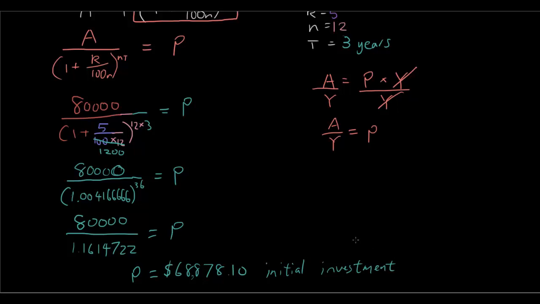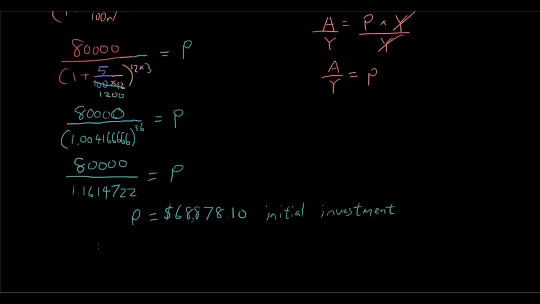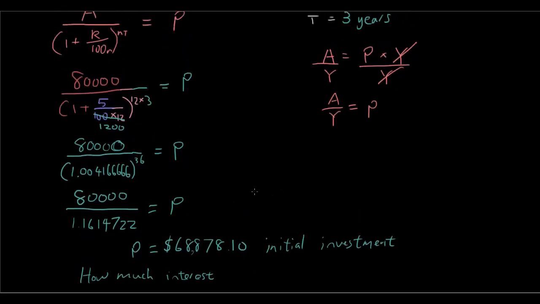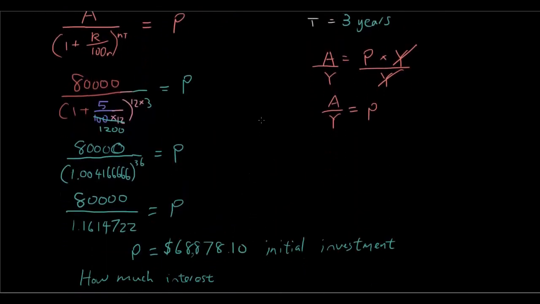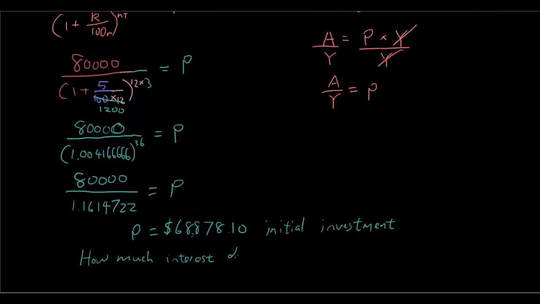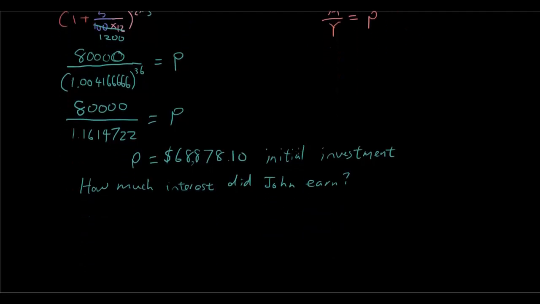Now, sometimes you might also be asked to calculate how much interest John earned. How much interest did he make during the 3 years? Well, his final amount was 80,000.